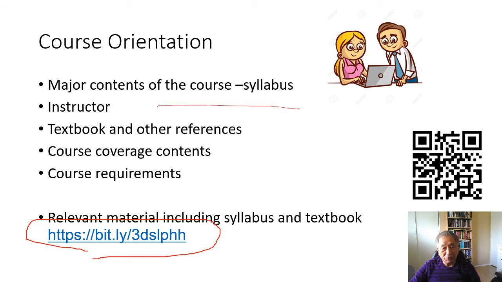That's where you can find all the material, and I always keep it up to date. Then the contents of coverage and course requirements, I'll just briefly talk about that.